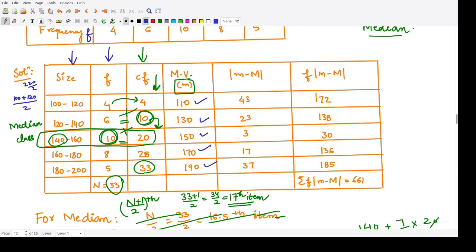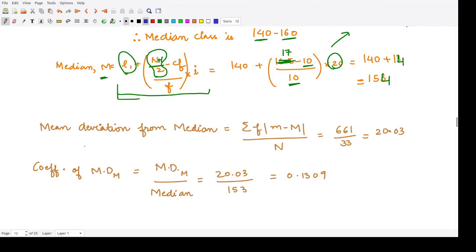Once you have the middle values, next task is to calculate the mean deviation from median.